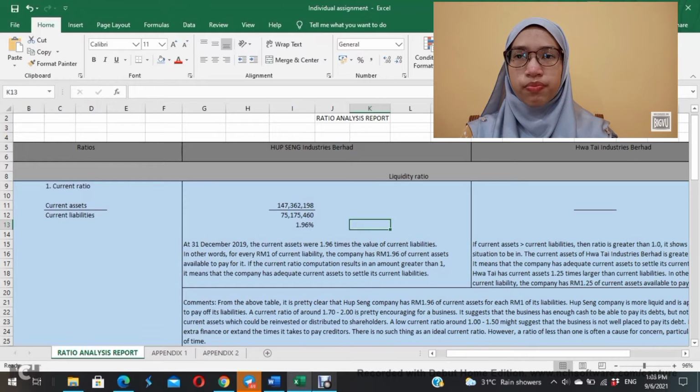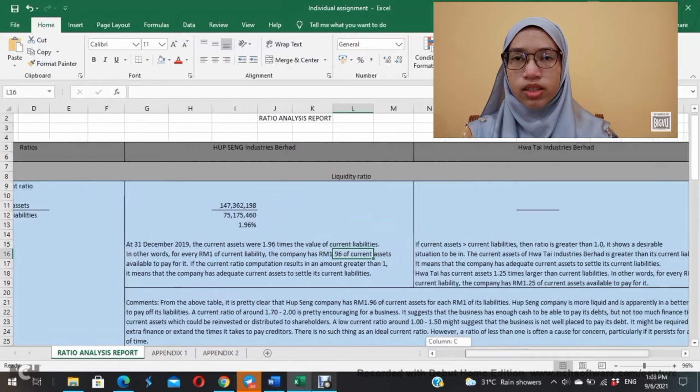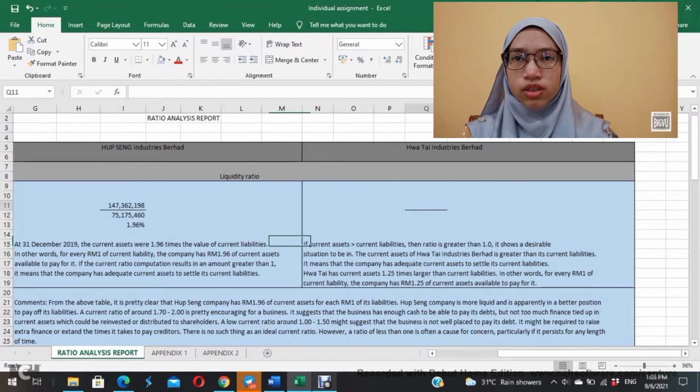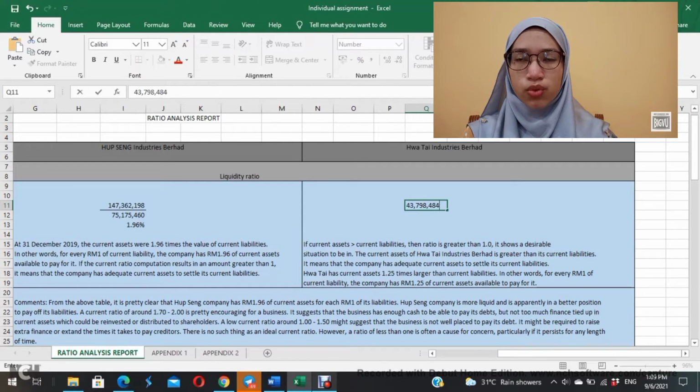pay for it. Then, same calculation for Huatai Industries. The current asset is 43,798,484 ringgit divided by 35,128,008 ringgit of its current liabilities.